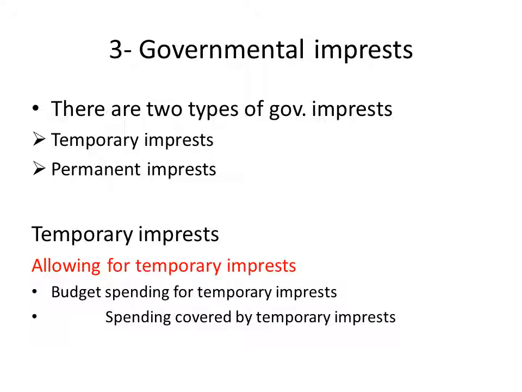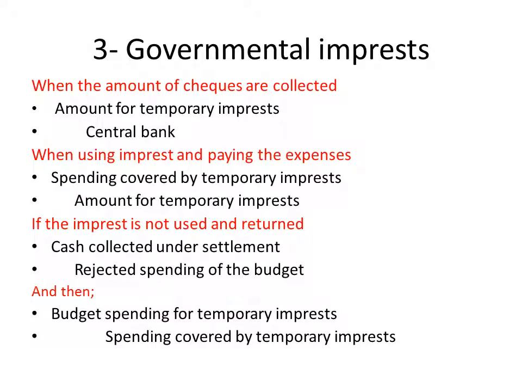Mainly the temporary interest is established for a certain reason, and when allowing for the temporary interest, the entry would be on the debit side, budget spending for temporary interest, on the credit side, spending covered by temporary interest. And when the amount of checks are collected from the central bank, the entry would be amount for temporary interest on the debit side and on the credit side central bank.